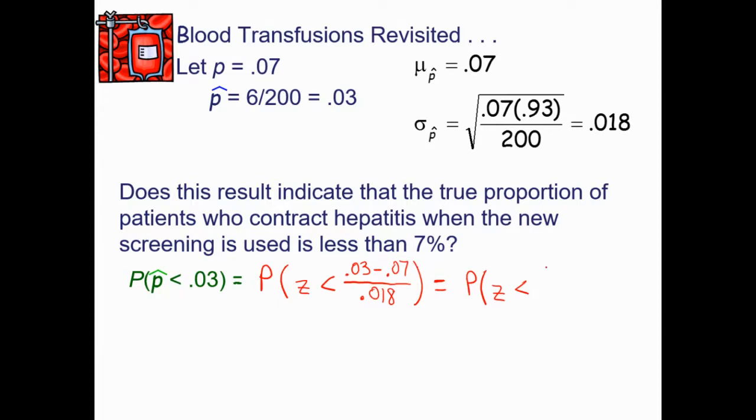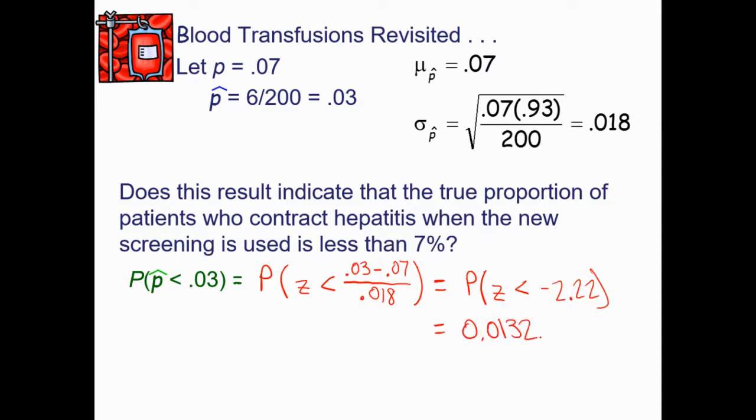Negative 2.22. Now I look that up in my table, and what do I get for my probability? Point 032, that's right.